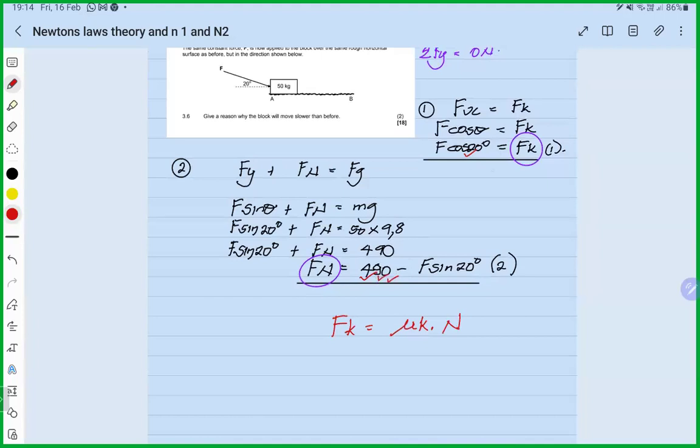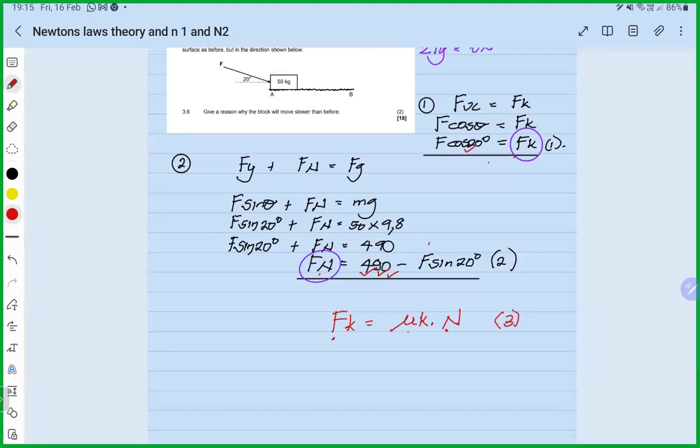Now you can take these two equations, the one for Fk, plug it in place of Fk, the one for N or Fn, plug it in place of N. You got your mu k to be 0.4, and you'll now be able to solve for F. Now, I don't think many learners would have seen this. So you're going to call this equation 3.